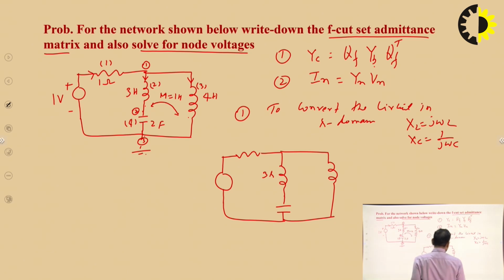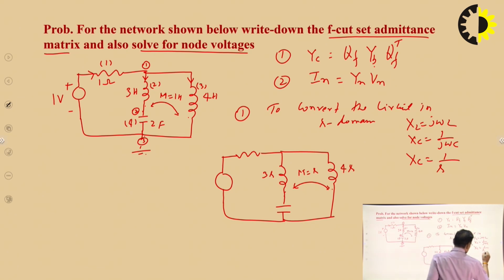This is 4, so 4S, and the mutual inductance between these two, M is equal to 1 Henry, so it is 1S. Then you have to convert this capacitor. 1 by X is equal to 1 by S, and C is 2 farad, so it is 1 by 2S.